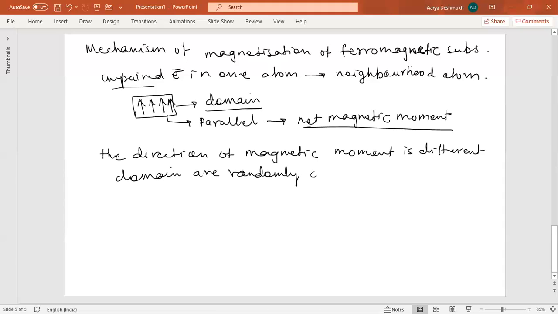Randomly oriented means what? I'll explain this by drawing some diagram here.